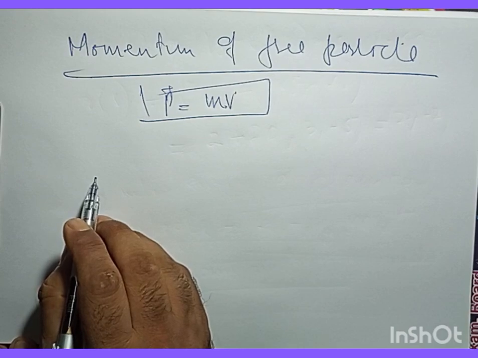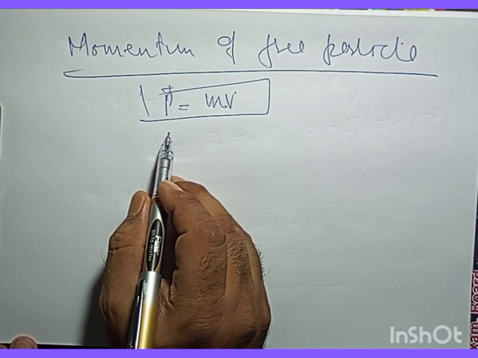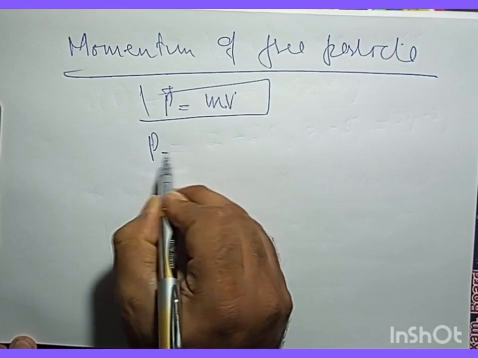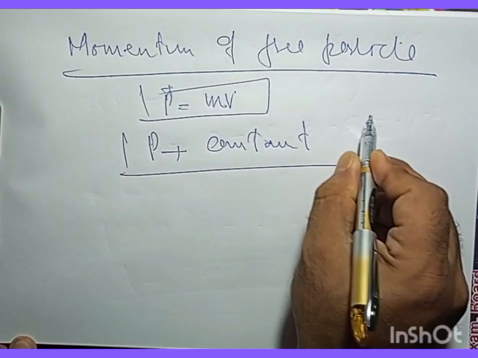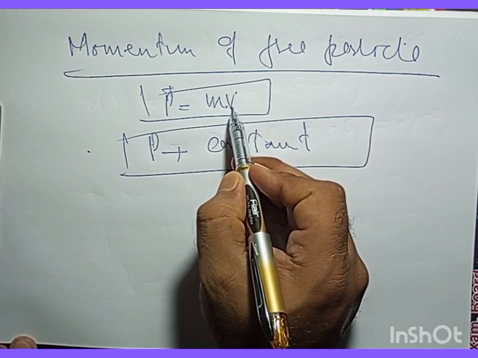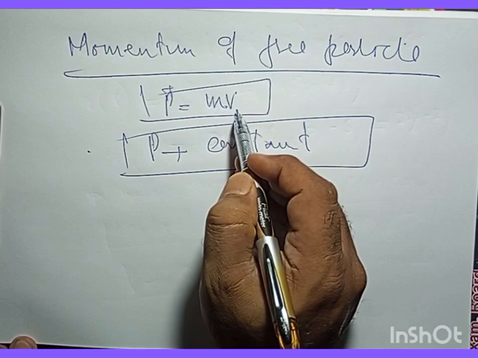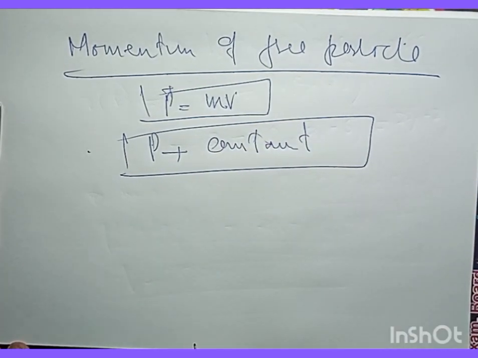For a free particle, this momentum P is constant because, as I said, the acceleration is zero, so the velocity is constant. So these are the fundamental views to interpret a free particle in classical physics.